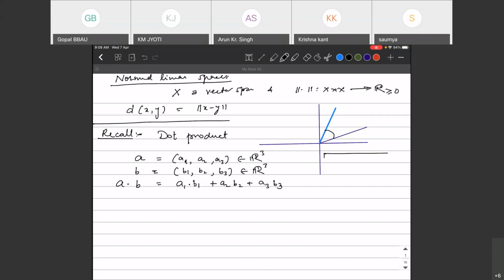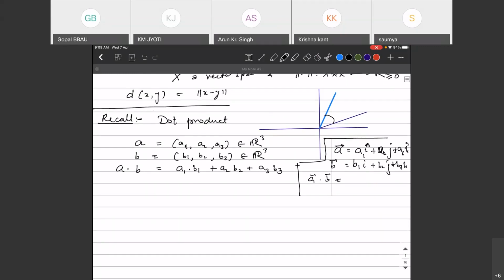If you are not able to recall this, then think A is A1 i, A2 j, A3 k, and B is B1 i, B2 j, B3 k. I think now you remember what A dot B was. You must have seen this in your 11th, 12th class when you studied this first.